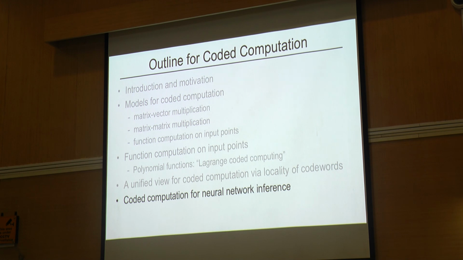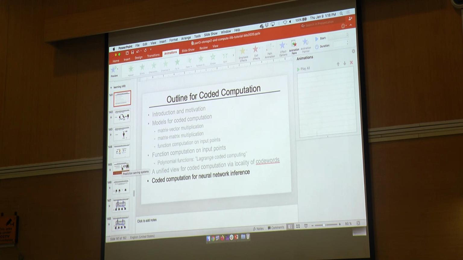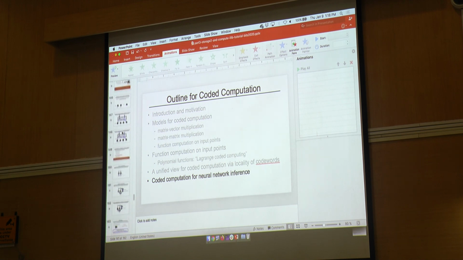Okay, so what I'll do is, I'm sure you all have heard the importance of, at least in the current times, neural networks and how they are being used in a variety of applications. So there is a lot of interest in being able to handle neural networks, right?